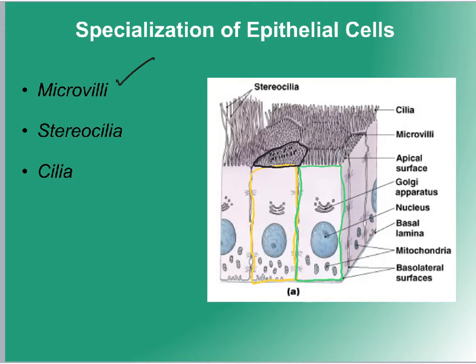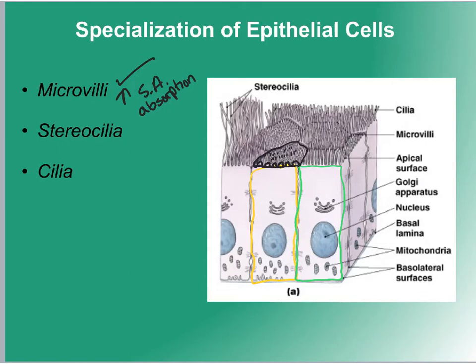Microvilli are extensions of the plasma membrane, or these kind of like bumps in the plasma membrane that help to increase the surface area for absorption. So I'll write it here. Increase surface area for absorption. So we normally find microvilli on the surface of epithelial cells that are performing the function of absorption.